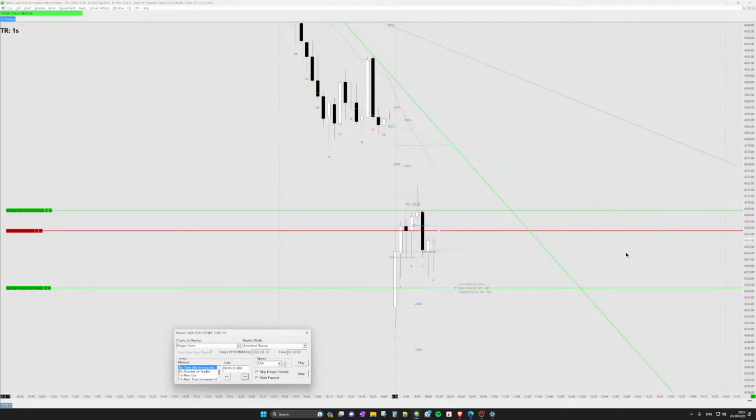It filled, had basically a doji, same close. I think keep holding, next bar.